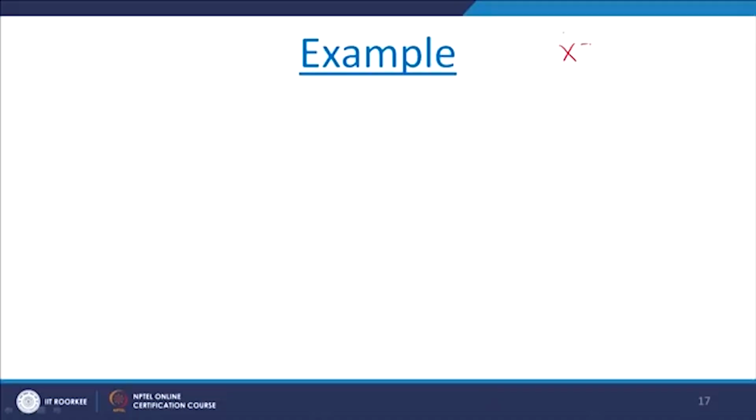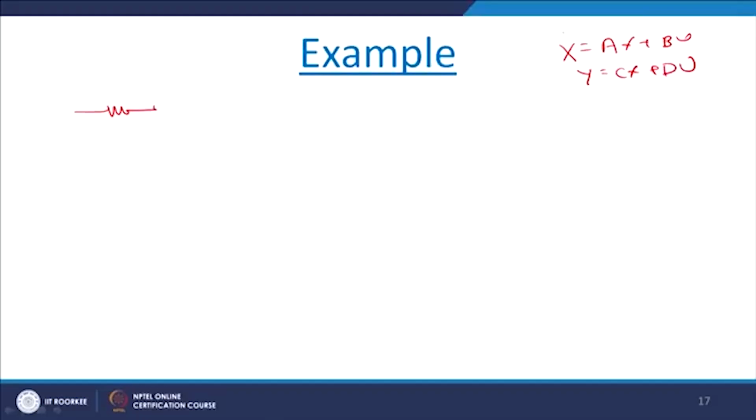Now we will see an example, and through the example we will see how to develop a state space model. One thing is clear: finally my model will be required in terms of x dot equals Ax plus Bu, y equals Cx plus Du. This model we want. So in order to understand it properly, I am taking a very simple example that we studied in the first year of electrical engineering, a simple RLC circuit.